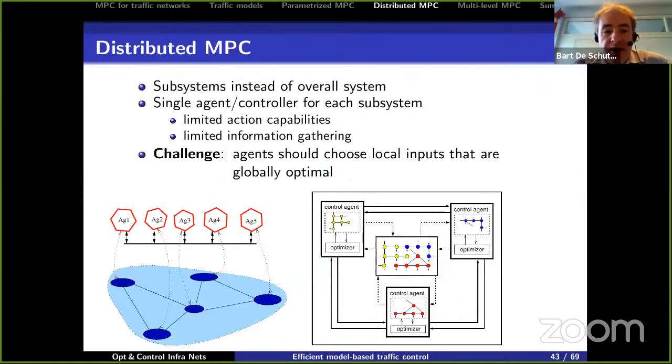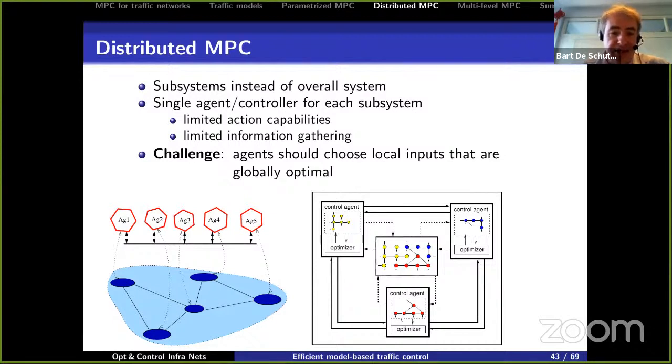Okay. Now, if you look at a really huge system, then you will always run into problems if you want to control the system using a single centralized controller. That is why for huge systems, the way to go is to subdivide your huge system into subsystems. And then we come into the field of distributed MPC.